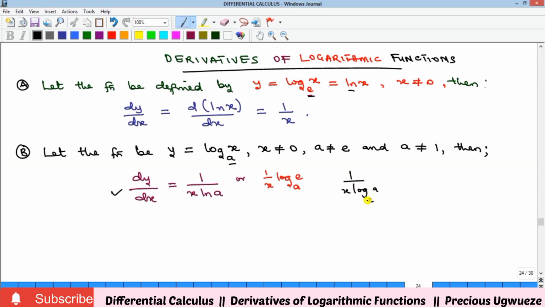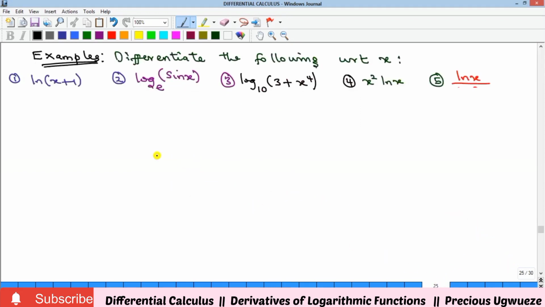Okay, so if you bring this up now, you are going to have 1 over x multiplied by 1 all over log a base e, and you remember the rule of change of base in logarithm, so this is actually the same thing as log e base a, so this is actually the same thing as this, so any of them. All right, so we'll take some examples quickly.